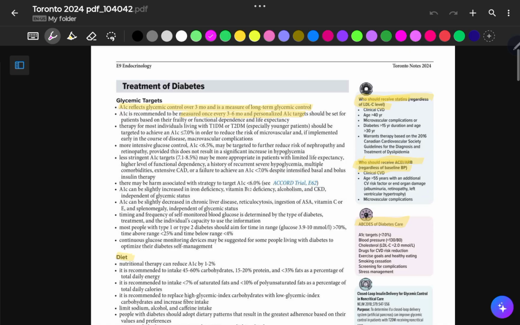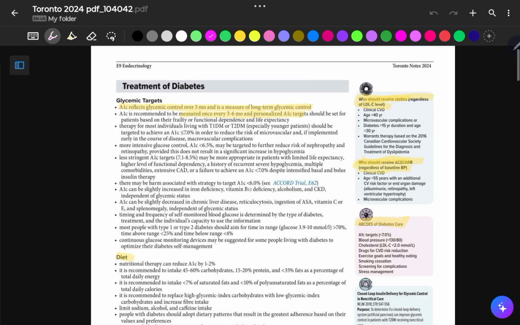Okay, so A1C is recommended to be measured once every 3 to 6 months, right? And a personalized A1C target should be set for the patient based on their frailty and functional dependency and life expectancy. So it should be measured every 3 to 6 months.